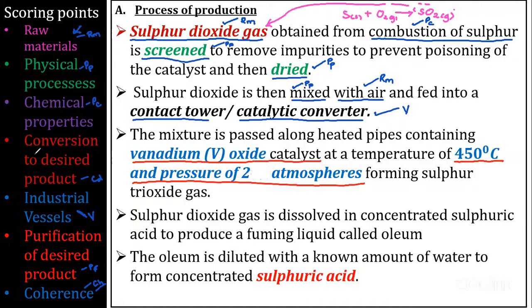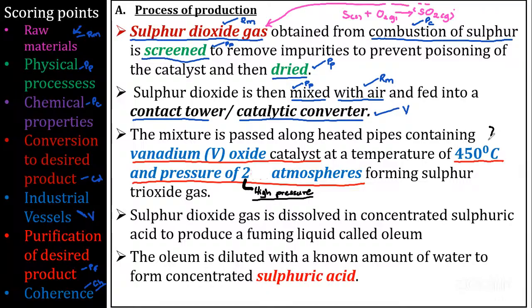And they will always tell you that this pressure of 2 atmospheres we are talking about is high pressure. So when you're talking about it, you'll say this pressure is high pressure. If you are not sure of the value of pressure, then quote it as high pressure.